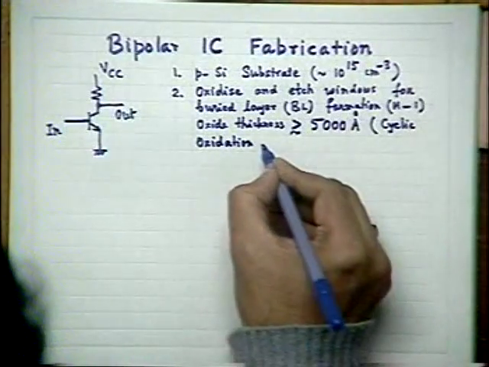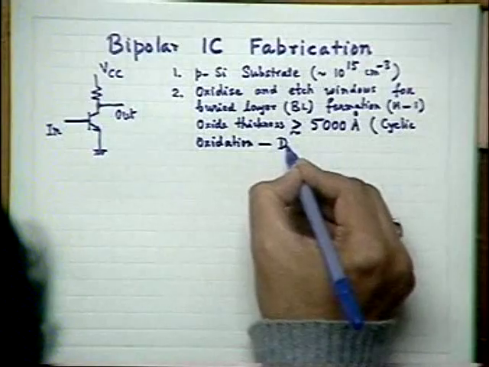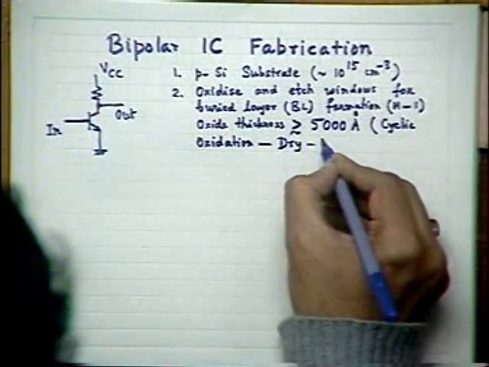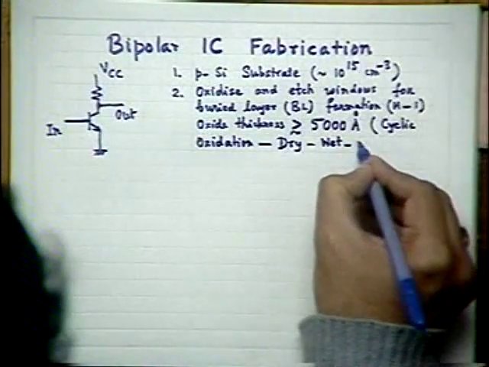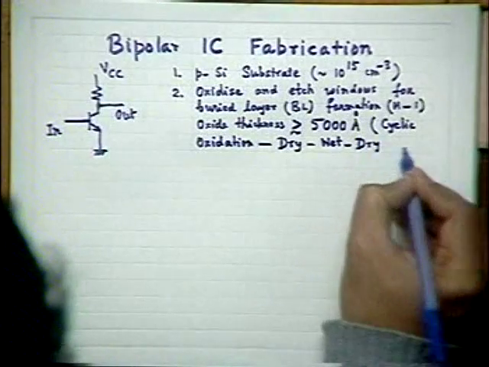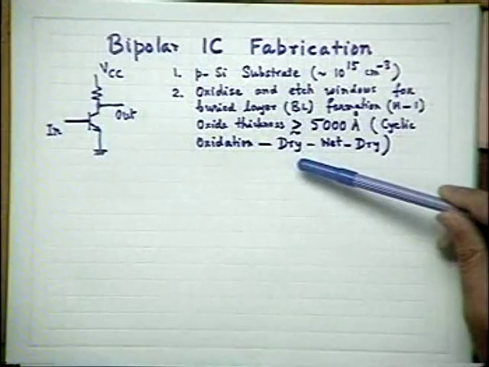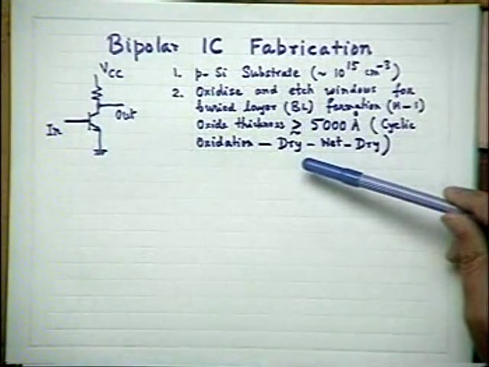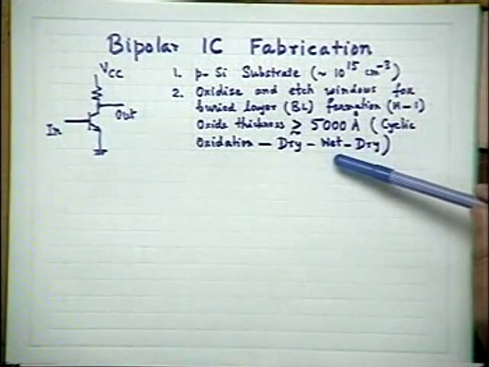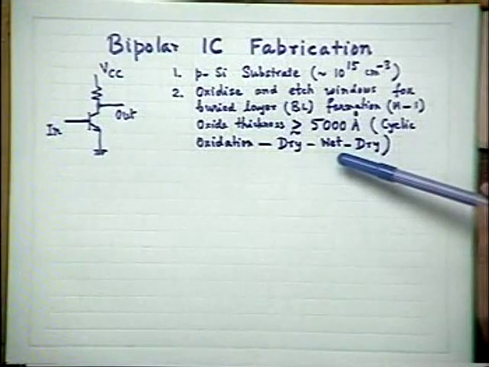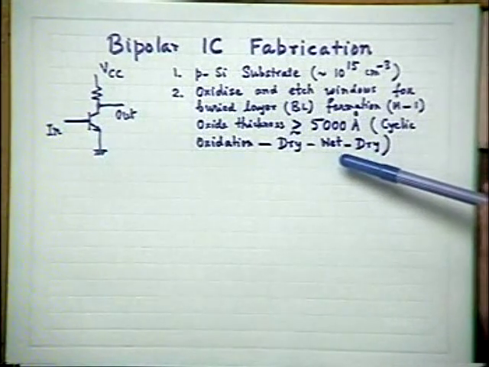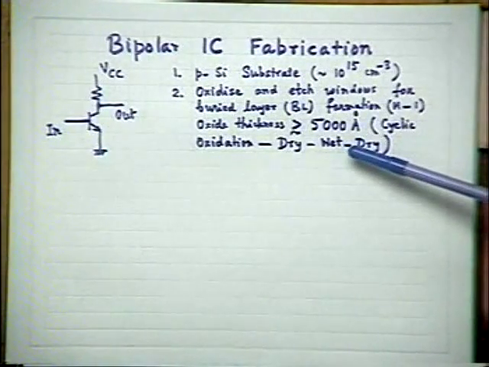A combination of dry, wet, dry steps. Dry oxidation means oxidation in dry oxygen atmosphere. Wet oxidation means oxidation in oxygen and water vapor combined atmosphere.